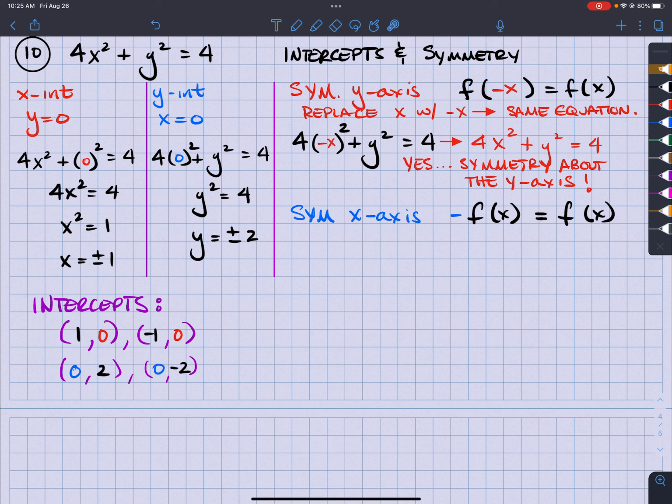So if you notice, the x's are the same here, but this y value is negated. So what that is telling me is to replace the y with negative y and see if I get the same equation. And if I do, then I do have symmetry about the x-axis.